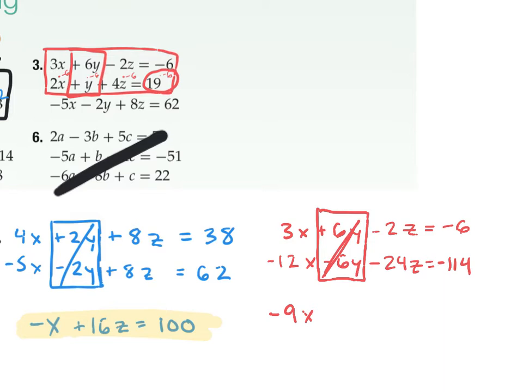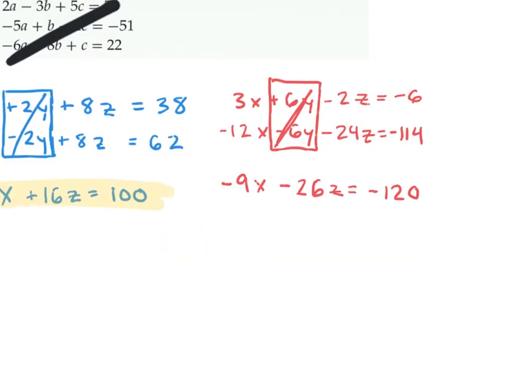Perfect. Negative 26z. And then negative 6 minus 114. Negative 120. So now we have our second equation with two variables. What do we do next?